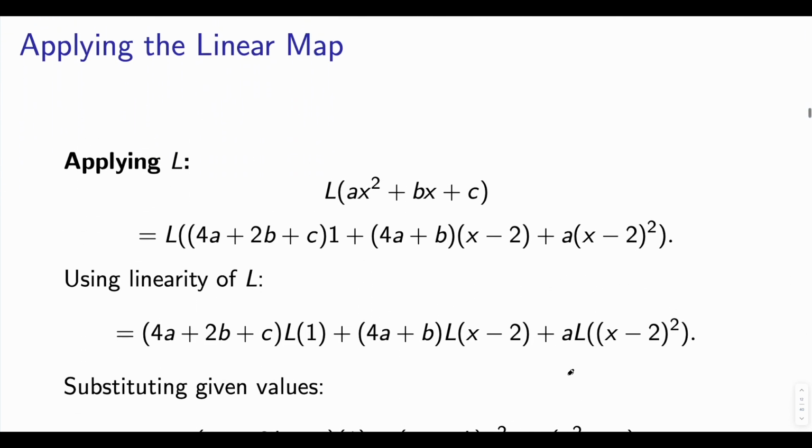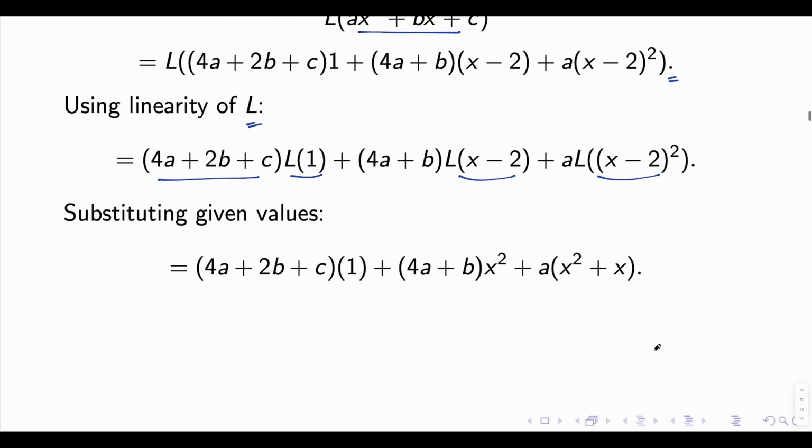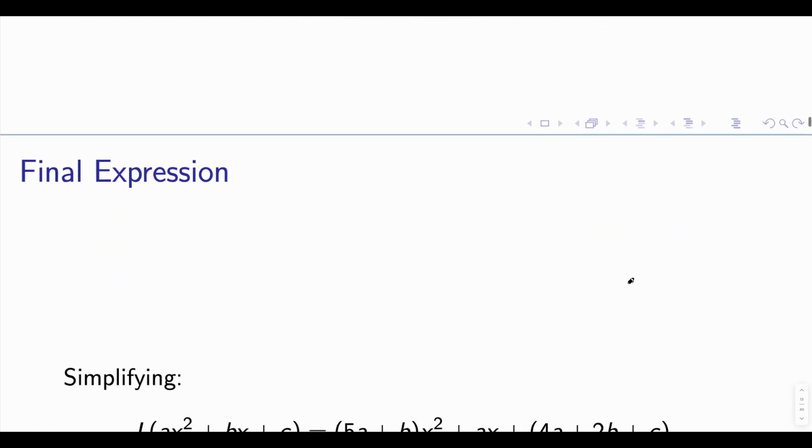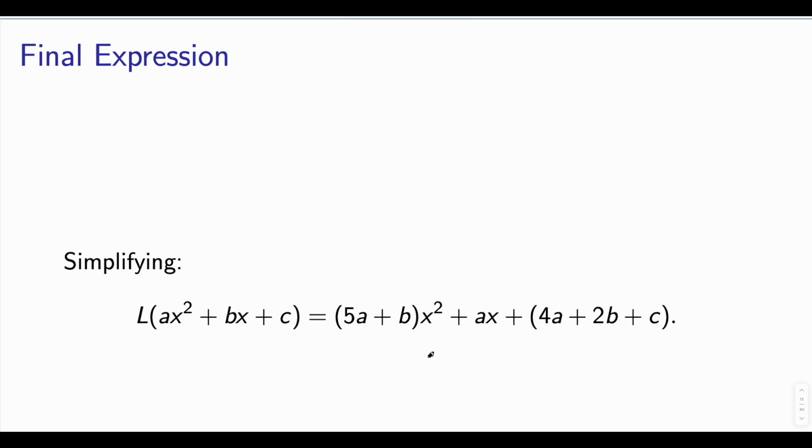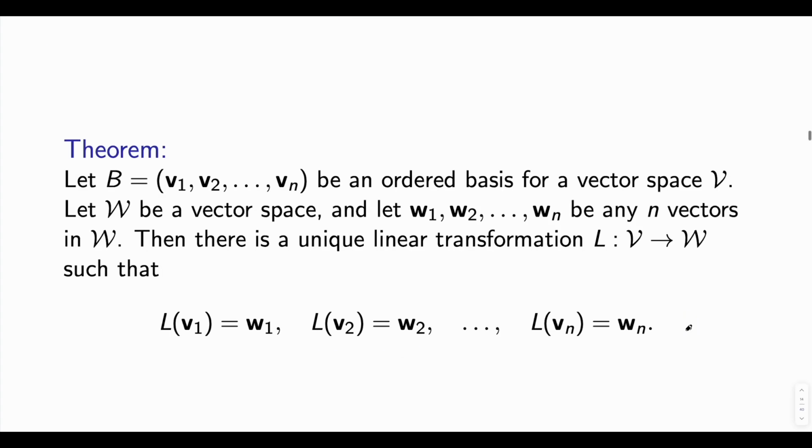Now applying L on both sides, using linearity of L, alpha L of v, these values are given to you. So you just plug in the given values, and after simplifying, your linear transformation will be this.